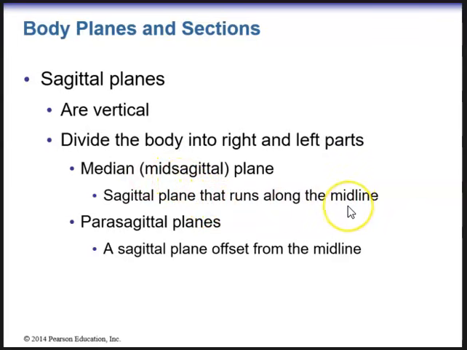So that midline, again, being that line that separates the body into equal right and left halves, whereas the parasagittal plane is a sagittal plane that will be offset from the midline, so does not divide the body equally into right and left halves, but is actually off of that mid-sagittal plane.